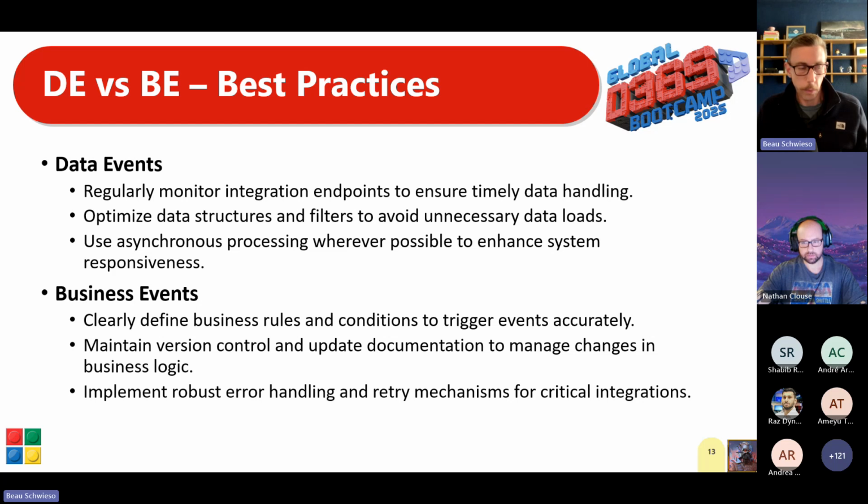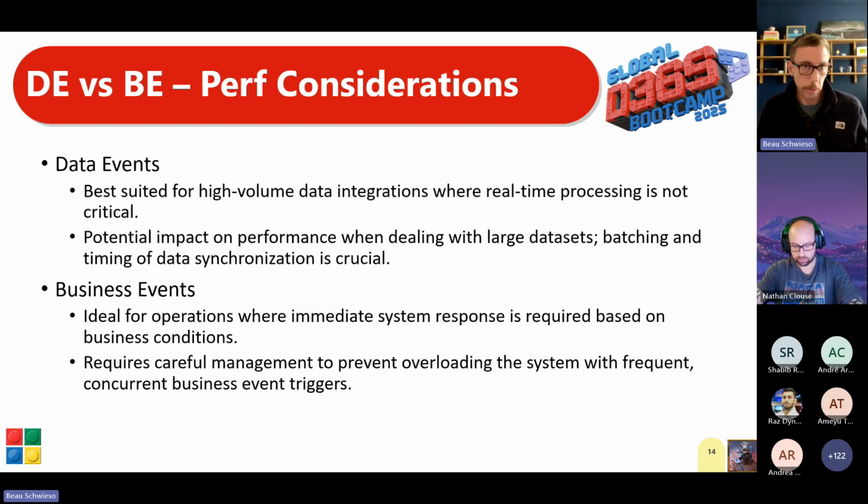You're typically using data events on something that's going to shoot off to a batch job that is not going to hold up the user from continuing their job. A business event is something that they're typically doing as their job. So they need to confirm a purchase order and it needs to fire off an integration, and they need that synchronous connection in order to do their next step. So think about it in those terms, where a data event can be something that's asynchronous and a business event can be synchronous.